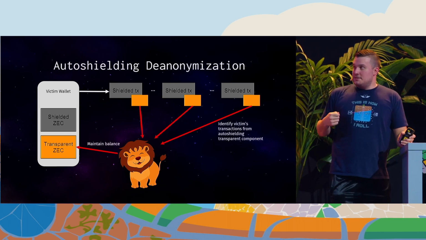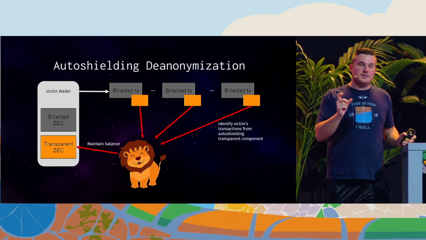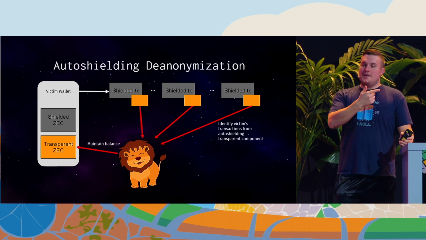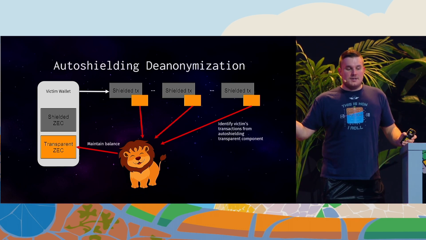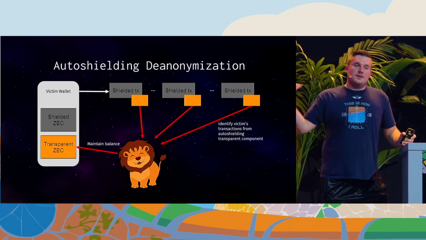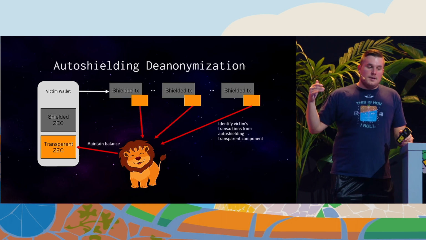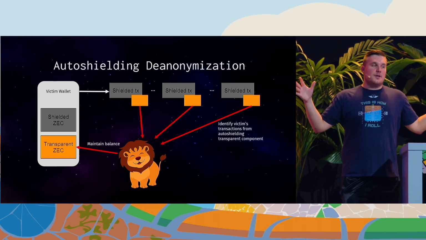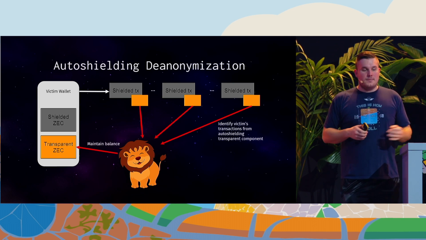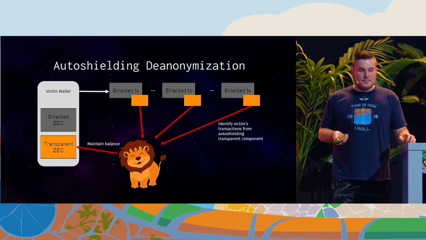That's a privacy bug, because if an attacker knows your transparent address, they can make sure there's always balance in there. Then whenever the user creates a shielded transaction, the wallet always does this auto-shielding. So every shielded transaction they make will include this transparent component, and the attacker can just look on the blockchain and see which wallet created all of the transactions, because they see all the transparent parts.